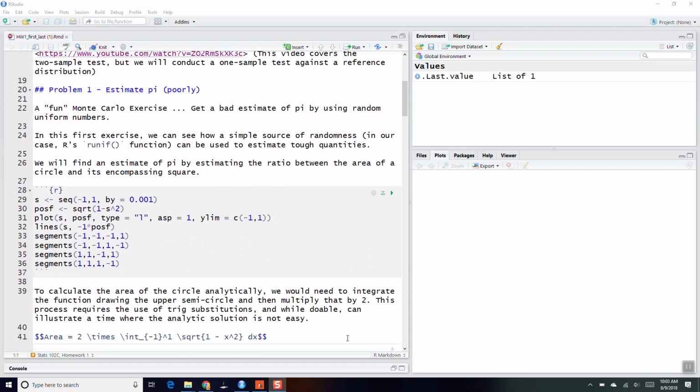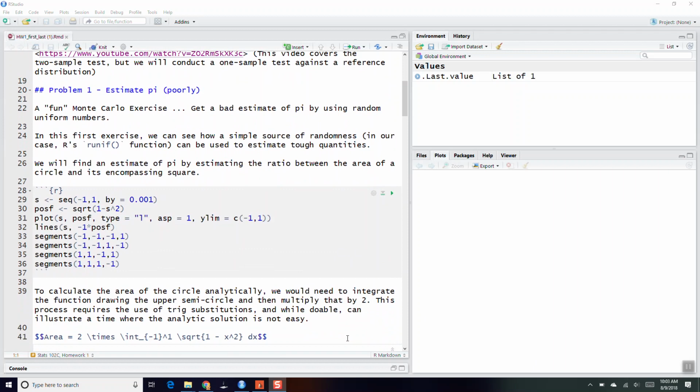Okay, so let me just talk about a few problems. Problem one is a very simple Monte Carlo approach for estimating pi. It's going to do a bad job of estimating pi. Basically, you draw a square, and then you draw a circle inside the square, and you see what percentage of randomly selected points fall inside the circle.